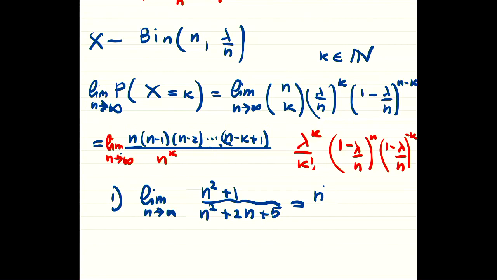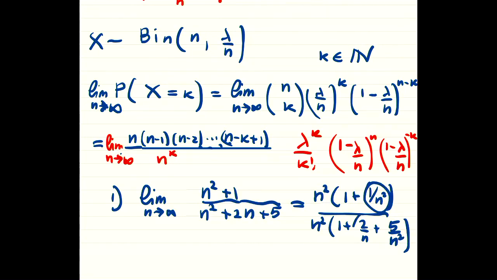I can write this as n squared times 1 plus 1 over n squared, divided by n squared times 1 plus 2 over n plus 5 over n squared. This goes to 0, this goes to 0, this goes to 0. These two simplify: 1 divided by 1. Okay? So if you have two polynomials in n and you take a ratio, the limit is obtained just by looking at the coefficients of the leading terms, if they have the same degree.